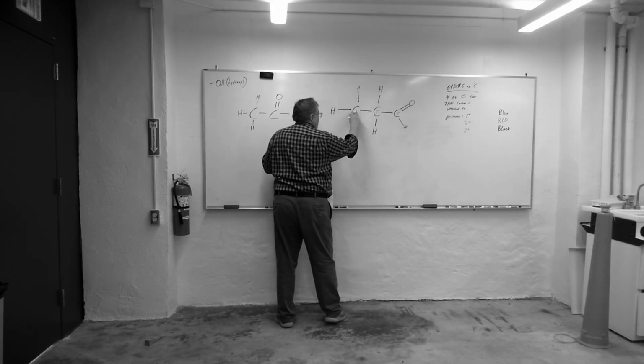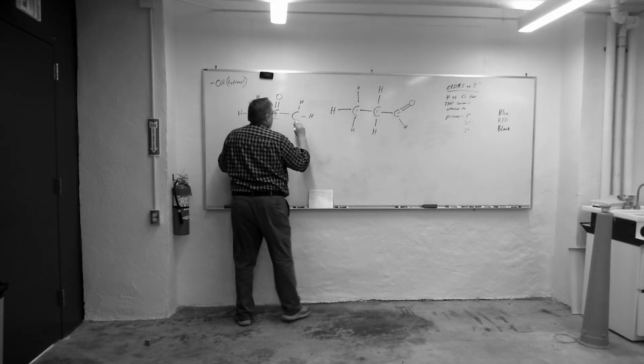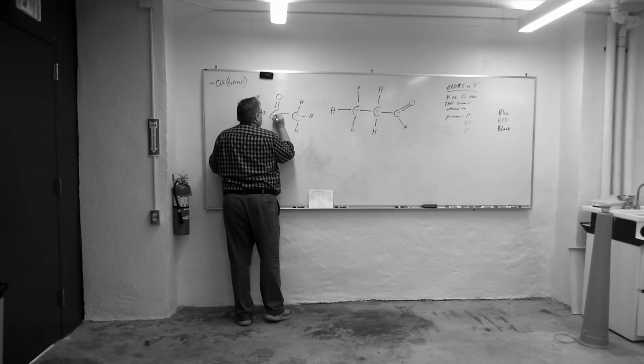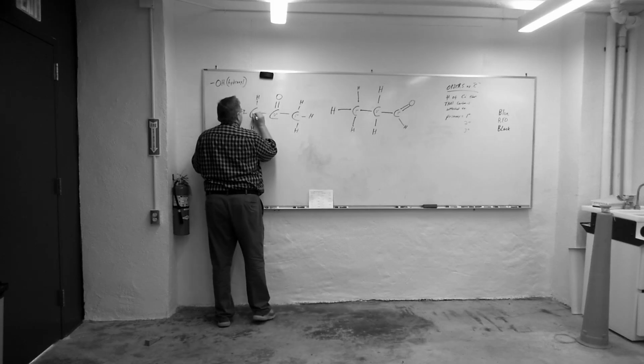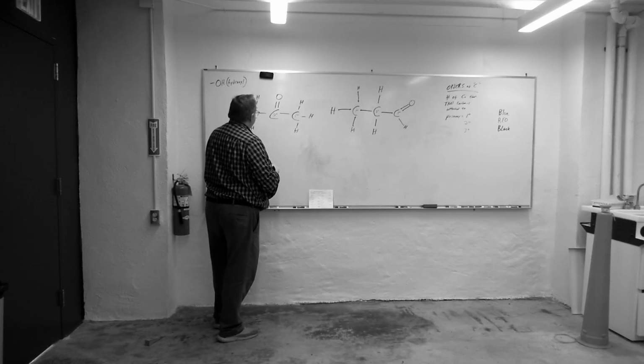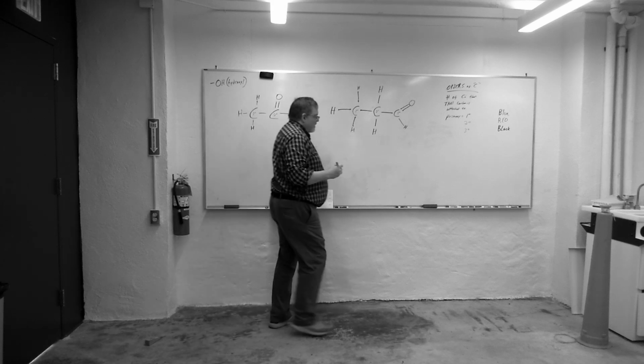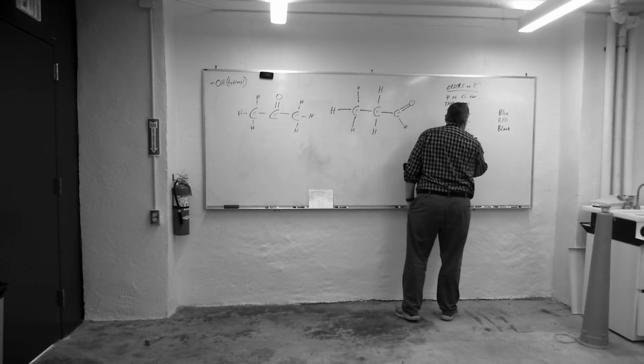How many carbons is this one connected to? So that's a primary carbon. This is a primary carbon. This is a secondary carbon. This is a primary carbon. There is such a thing as a tertiary carbon and what we call quaternary. I'll show you in a second.